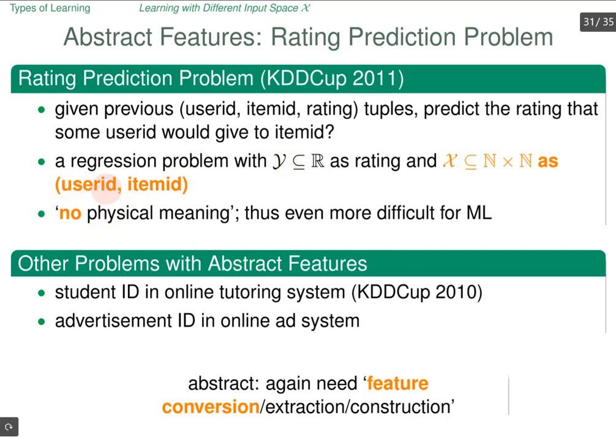The input x consists of user ID and item ID, so it's very hard to associate it with any kind of physical meaning. The IDs are very abstract, therefore it's very hard to deal with in machine learning tasks.